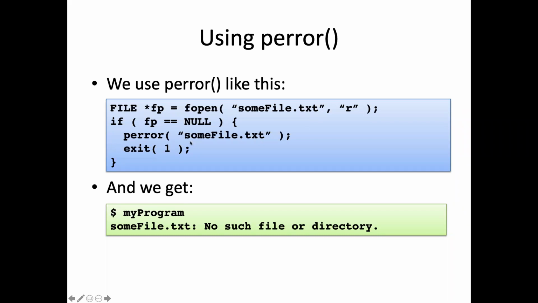And here you can see I'm passing in the name of the file I just tried to open. And at least on the common platform, you'll get an error message like this one: the string you passed in, along with an error message generated by perror. And for different values of errno, it'll print out different messages. Questions before we move on to one more topic in lecture 18?